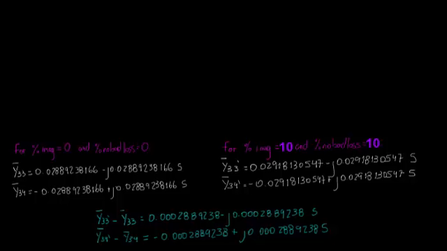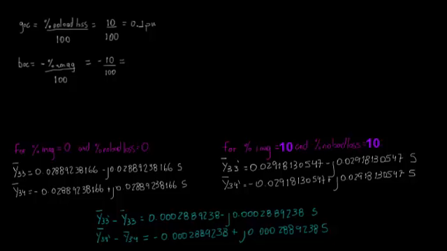Now, let's calculate YOC according to our expression. GOC in per unit is equal to % no-load loss divided by 100. That is equal to 0.1 pu. As %imag is equal to 10, BOC in per unit is minus 0.1. We also know that Z base is equal to V base squared over S base, and by consequence, the base admittance is equal to S base divided by V base squared.